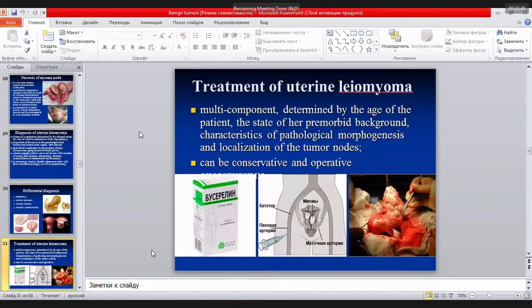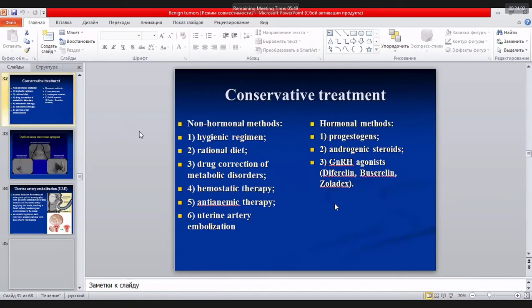Treatment of uterine leiomyoma is multi-component and determined by the age of the patient. It may be conservative, or operative. Conservative, non-hormonal methods you see here, is usually symptomatic treatment.